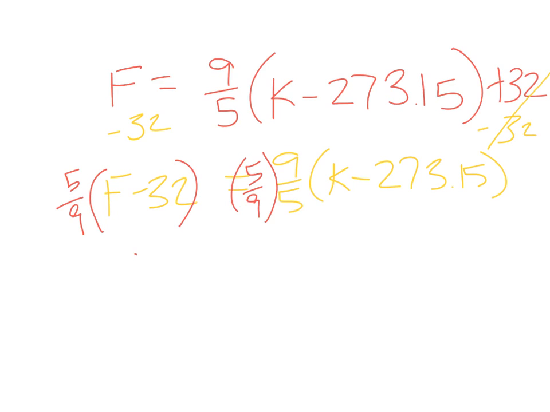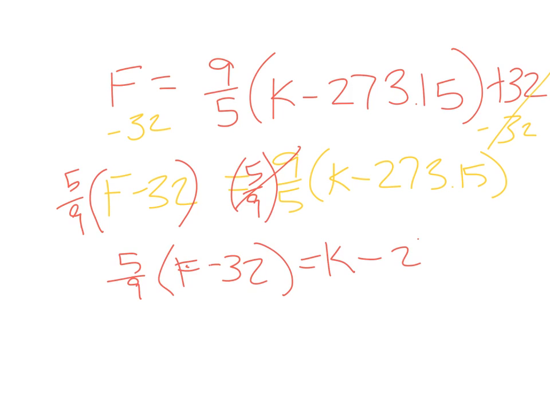Okay, so now we have 5/9 times f minus 32. That's gone, so I just have k minus 273.15. Now how do I move a minus 273.15? Do the opposite, which is? Yep. So I'm going to add it over here.